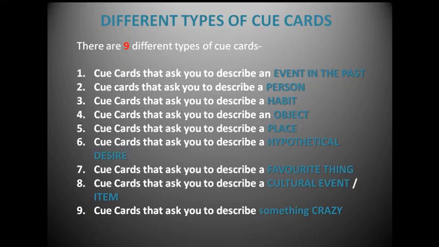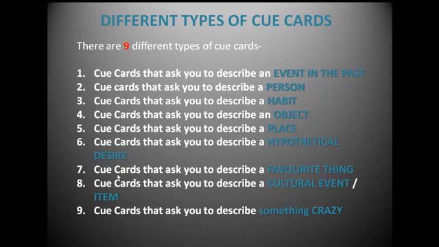The next category is the cue cards that ask you to describe a place. Then we have the cue cards that ask you to describe a hypothetical desire. Just don't worry about these types of cue cards, as I am going to explain every category of cue card in this live of mine.